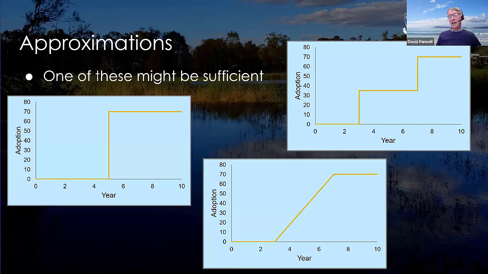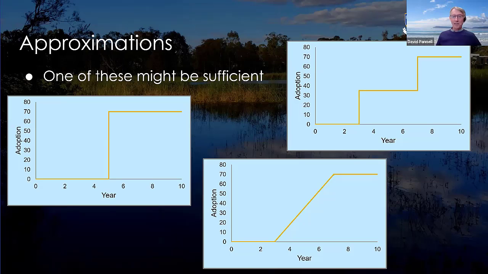When you're doing a BCA, as I said, I often approximate the relationship between A and the benefits with something other than a smooth curve. And the same is true when I'm looking at the relationship between time and adoption.